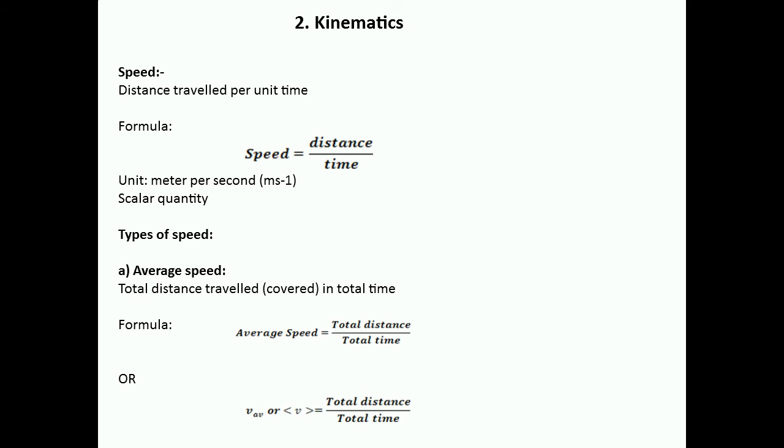That will give us the average speed. The formula of average speed is total distance divided by total time, or symbolically, v_av equals total distance divided by total time. The unit of average speed is the same, meter per second or kilometer per hour, and average speed is also a scalar quantity.